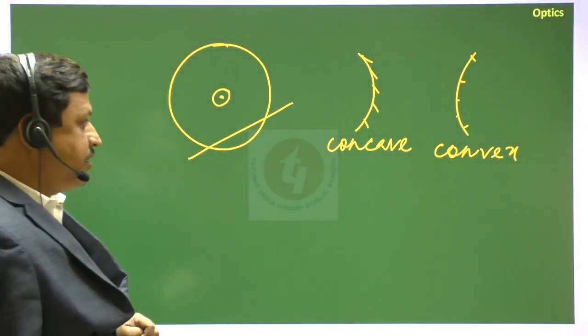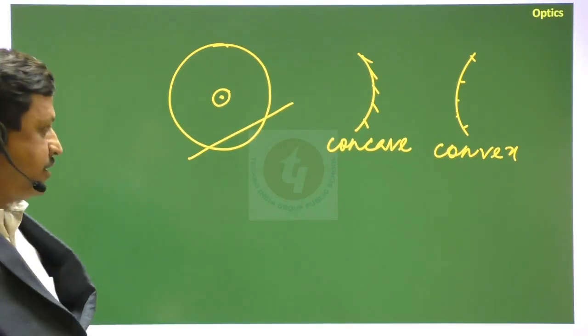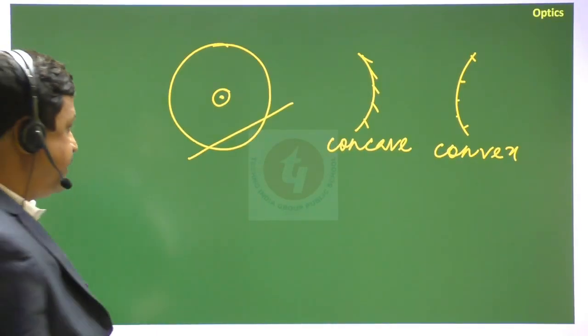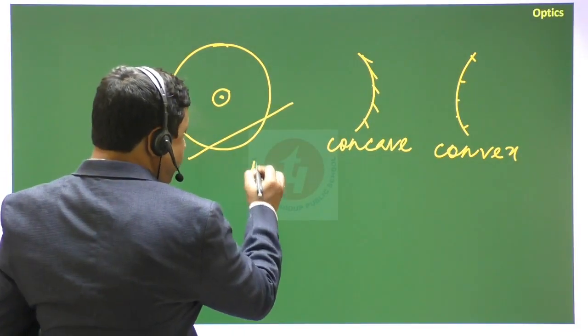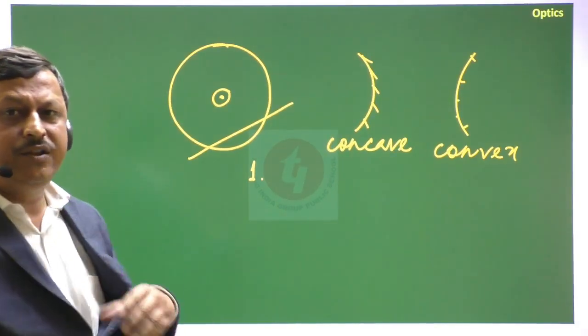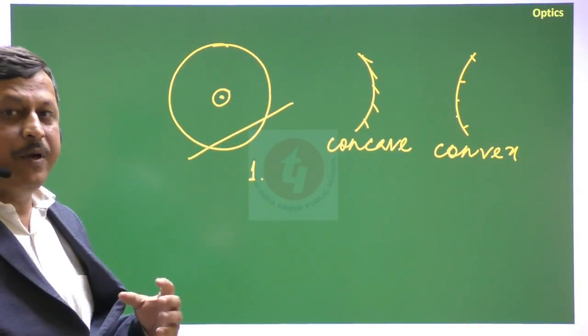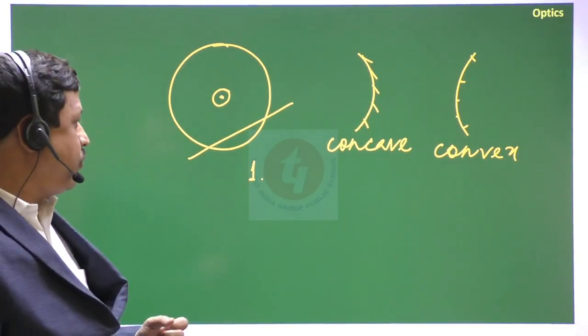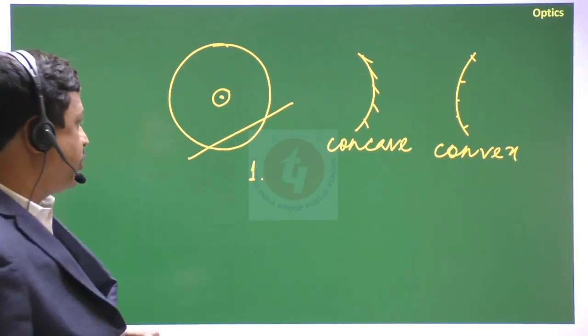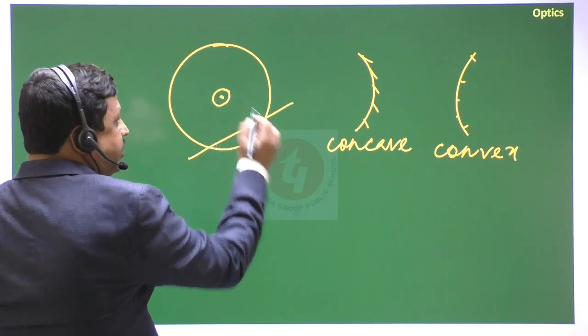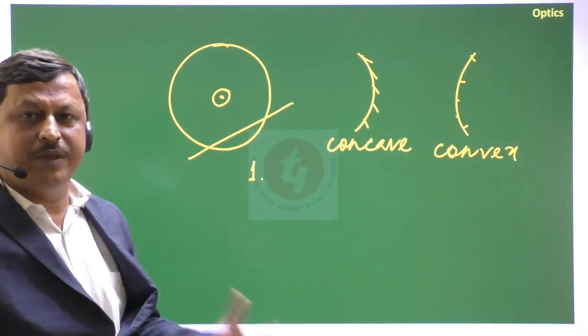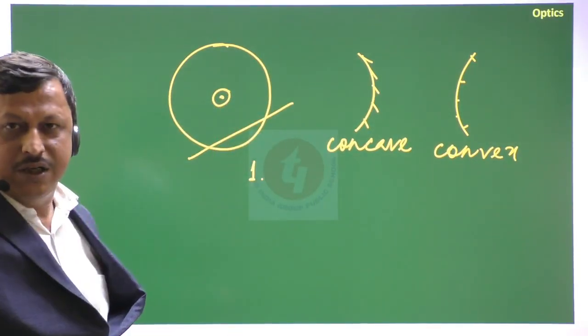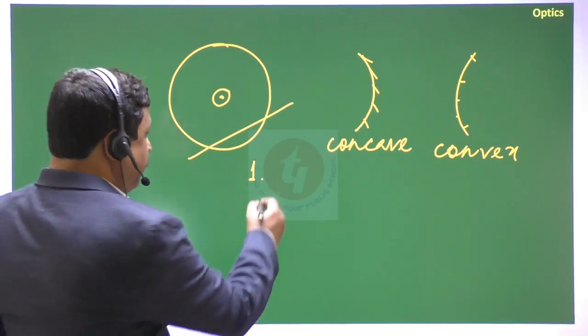we will discuss two factors. One is, the focal length of a mirror depends on which factor? Obviously, the focal length of a mirror depends on the radius of curvature, meaning the position of the center of curvature.